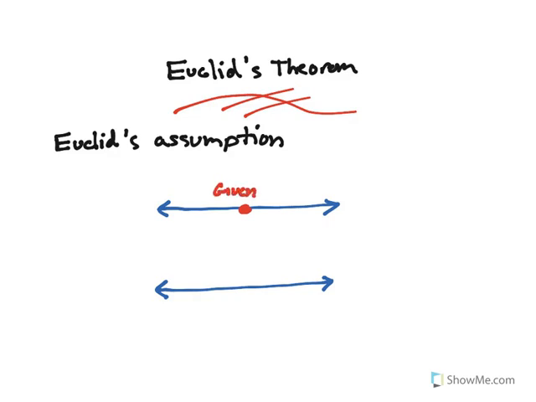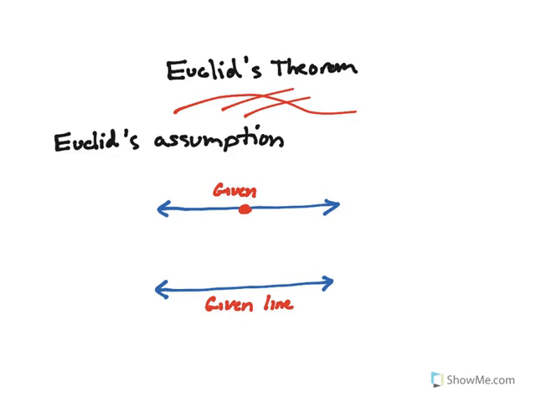And let's say this is our designated given line. That doesn't read well, does it? Okay, let's try this one more time. So the line down here is the given line, and the point here is given as well. So that's what's given to us.